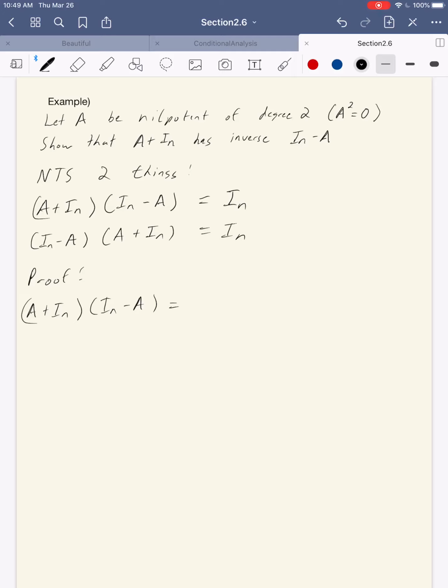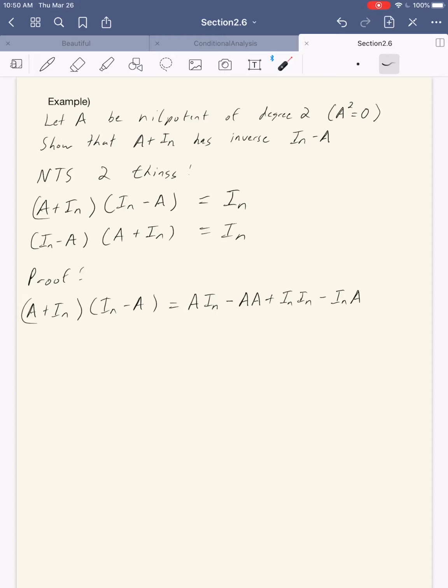Okay, so we can do some distributing, but we do need to be careful about the order. So if we do that, we take this A and distribute it onto both pieces, but of course it would go in the front. So we would get AIN minus AA, and then distribute this IN into the front of both of those. So plus IN minus INA. All right, let's see if we can clean this up a little bit.